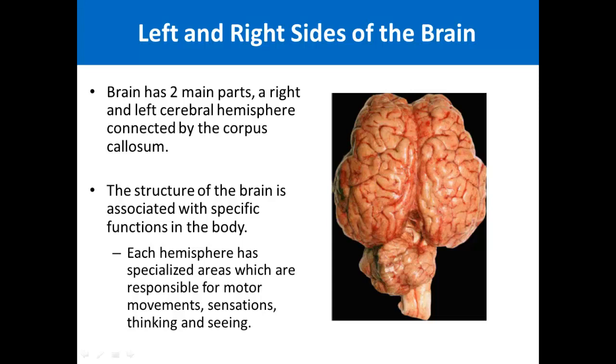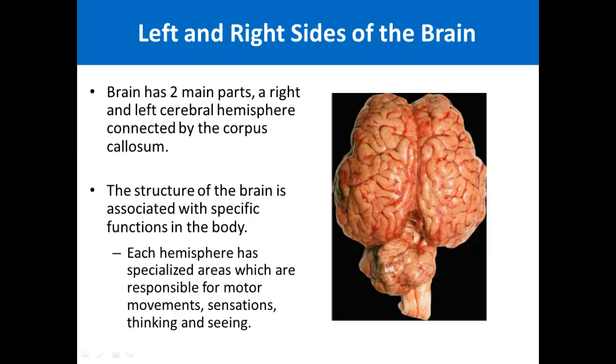There are some areas that are important for the ability to interpret sensations such as touch, hot, cold. And there are some parts of the brain that are very specific for thinking, especially thinking regarding problem solving, the ability to add 2 plus 2, the ability to make a decision based on multiple facts. And there's other parts of the brain that are specifically for the ability to see things.